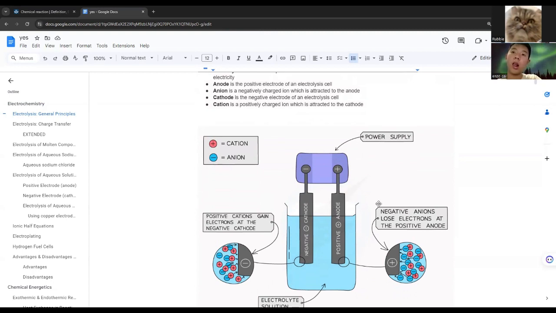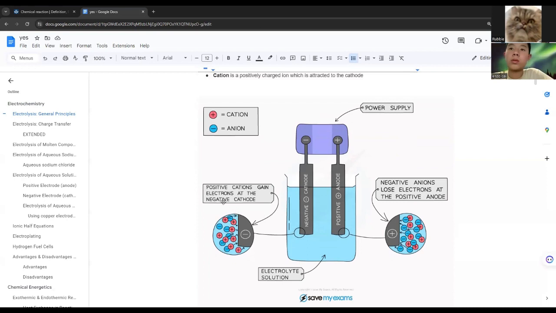The negative charge here means that it will attract positive molecules or elements with a positive charge. So it will attract cations, and it's called a cathode. And the positive electrode is the anode, and they attract negatively charged particles, which are anions.